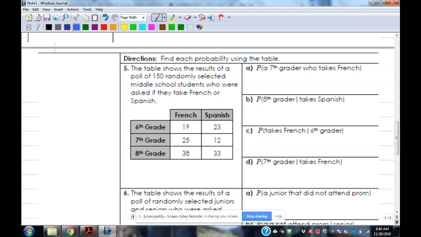Just notice the difference in the way A is written and the way B is written. Don't have that bar in there. So they're just saying, out of this group, what's the probability of picking a 7th grader who takes French? 25 out of how many are in there together? 150 total. Reduce that. 25 goes into itself and into 150. $1.50 has 6 quarters in it.